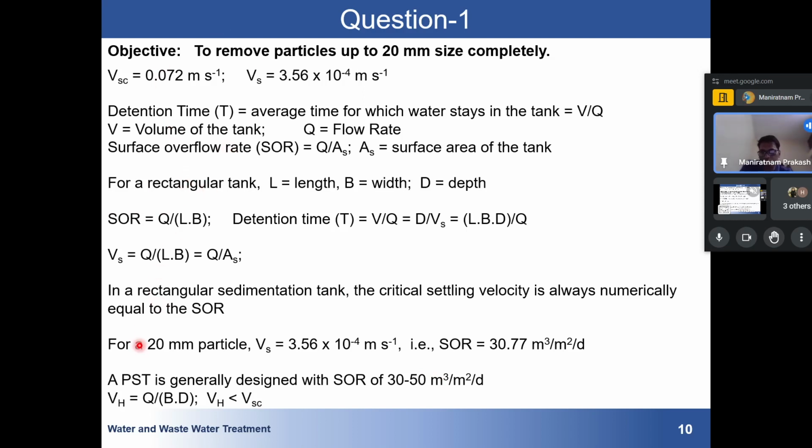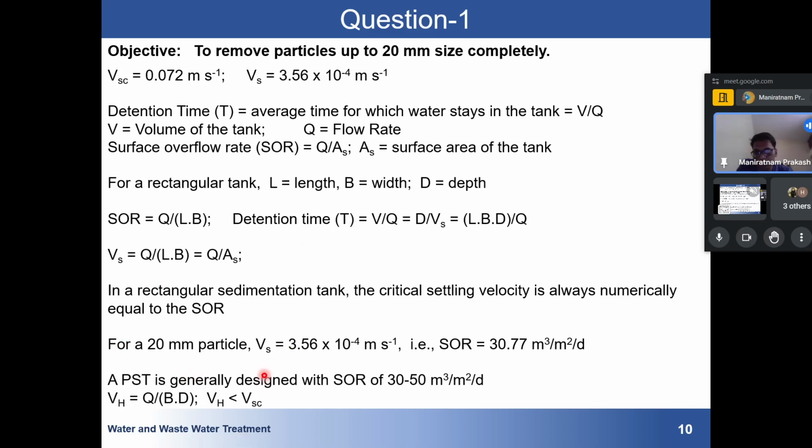Now you also want your suspended particles not to go away from the settling zone. If a particle has settled, it should remain there. So how will you make sure that the particles remain there?